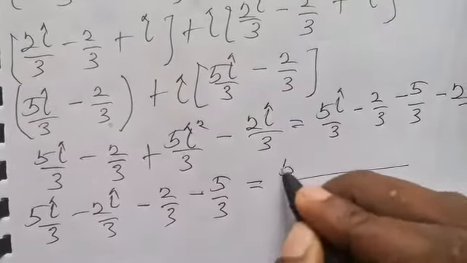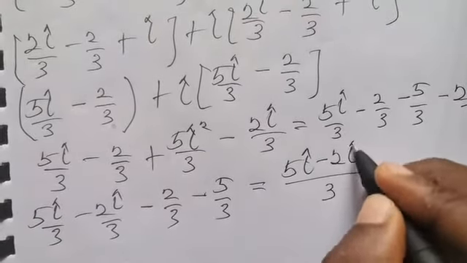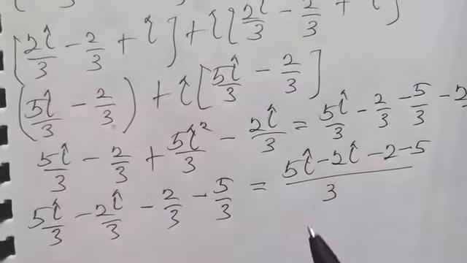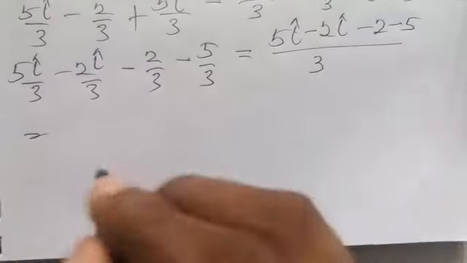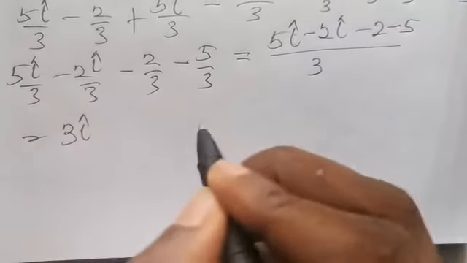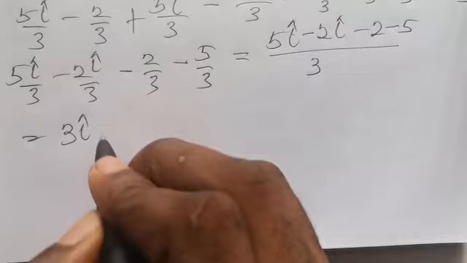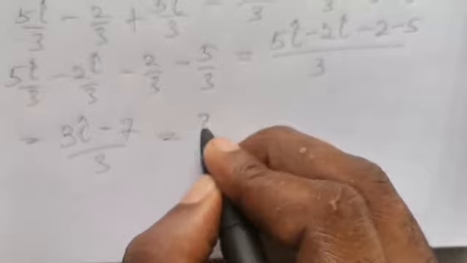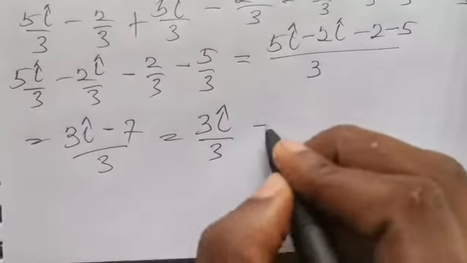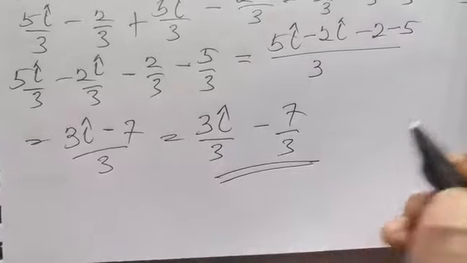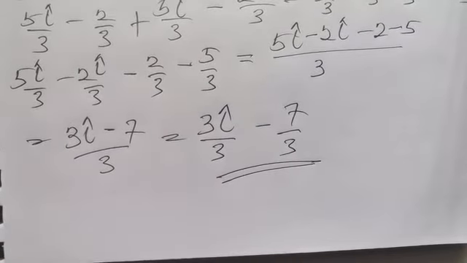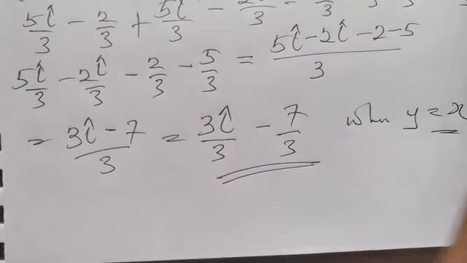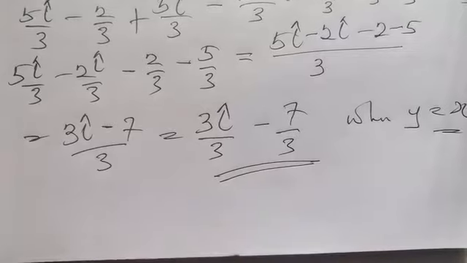We have 5i − 2i − 2 − 5. 5i minus 2i gives us 3i, minus 2 minus 5 gives us minus 7, all over 3. So the result can be evaluated further as 3i/3 minus 7/3. And that's the value of that integral when y is equal to x. This becomes the result of that integral.